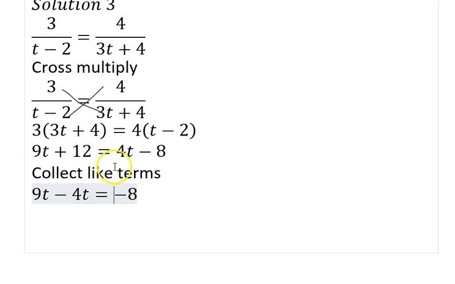That's crossed. Then we have minus 8 here. If this plus 12 is crossing this equality sign to come and meet this minus 8, the sign will change, because it is plus, it will change to minus 12. Beautiful.